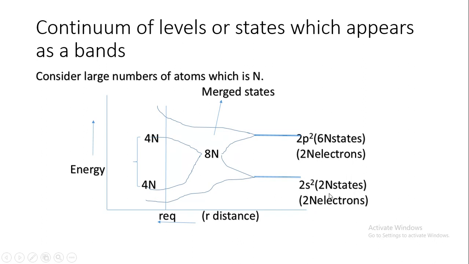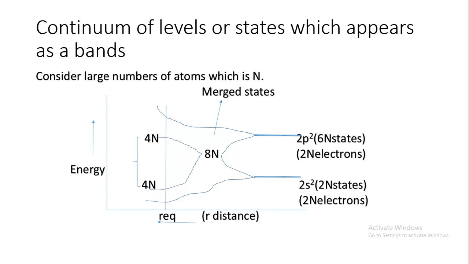In 2s2 there will be 2n states, and if there are 2n states, 2n electrons can be there. And in 2p2 there are 6n states, but only 2n electrons are available, right?